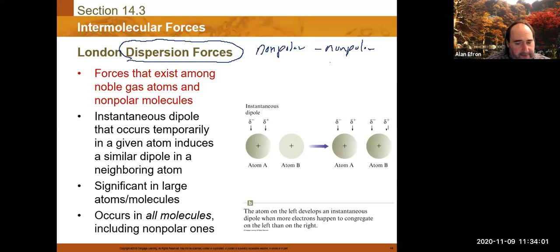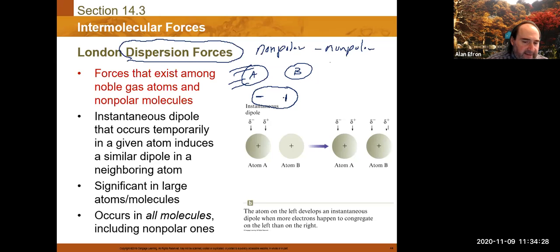So for example, if we had say these two nonpolar molecules here, and electrons are moving around. If for some reason all the electrons decided to go to the left-hand side of the molecule, what would happen is that molecule A, which normally does not have a charge or a separation of charge, will temporarily gain a negative charge on the left-hand side and a positive charge on the right-hand side because all the electrons decided to go to the left-hand side.